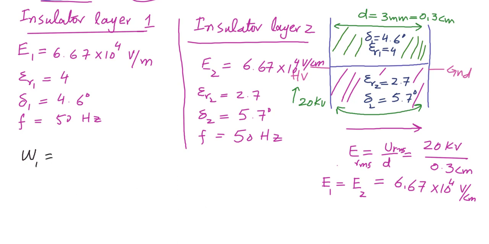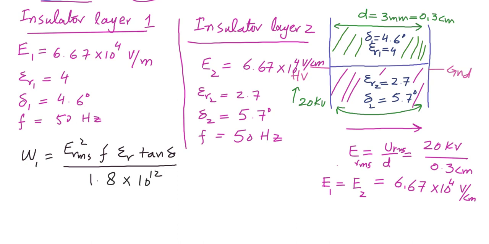Again, the equation is E RMS square, frequency, epsilon R, tan delta, divided by 1.8 into 10 raised to the power 12.